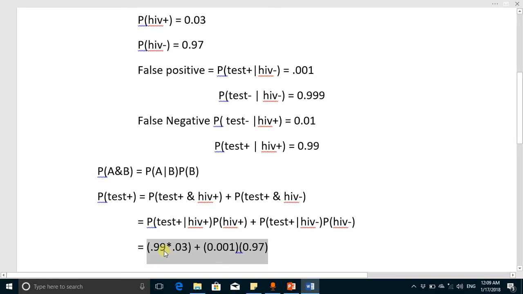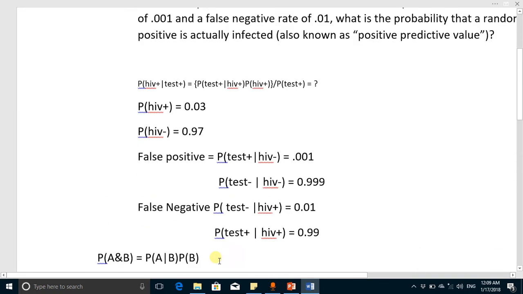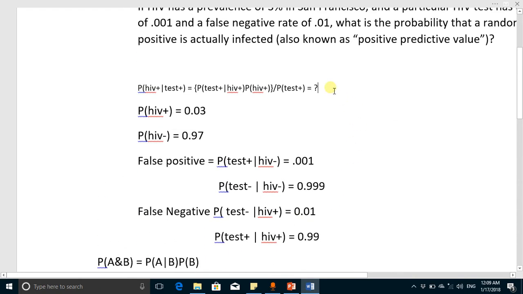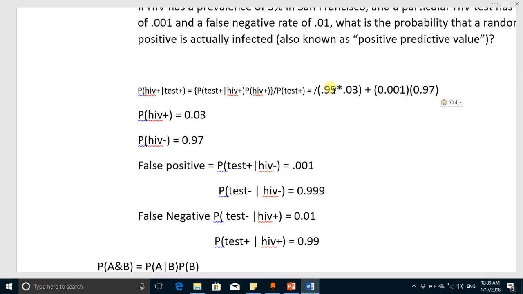So we copy it from here and place it here as the denominator, and in the numerator we have test positive given HIV positive, that is 0.99, into the probability of HIV positive, that is 0.03.